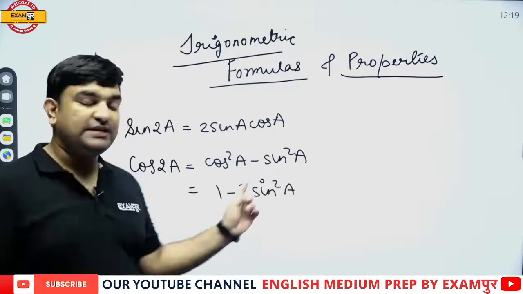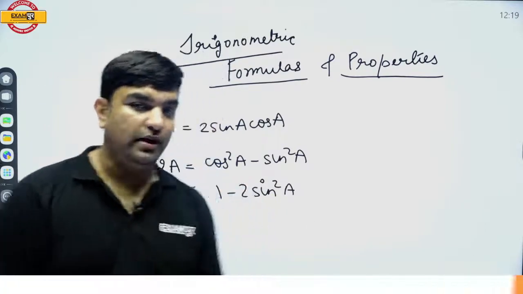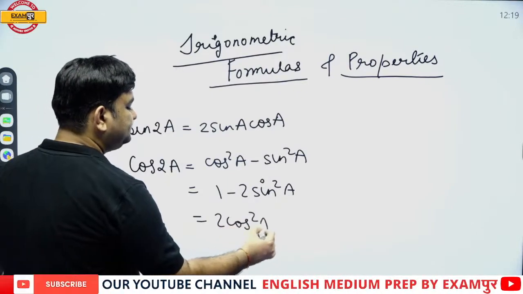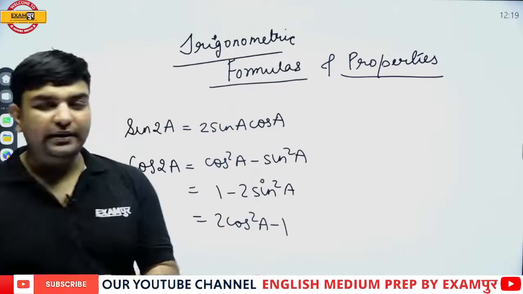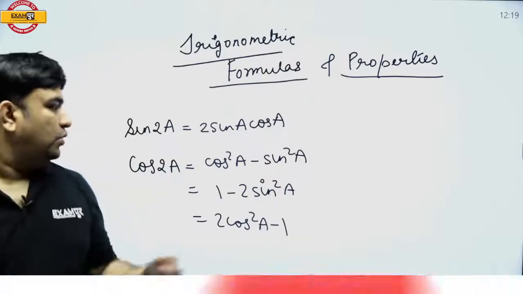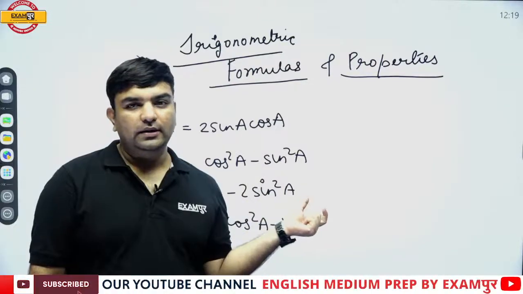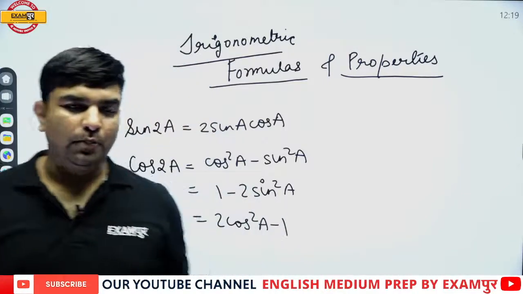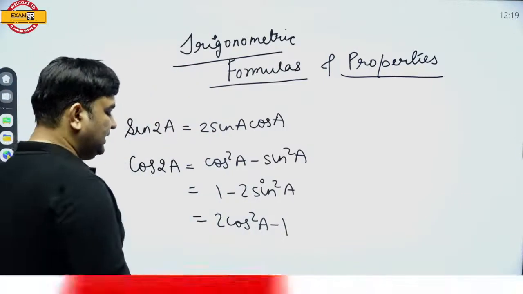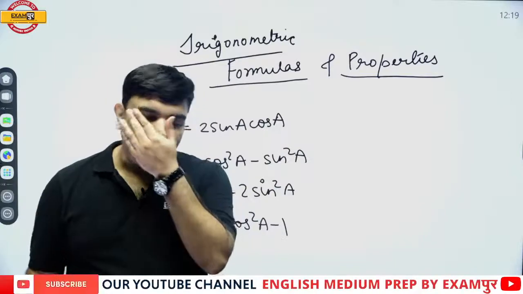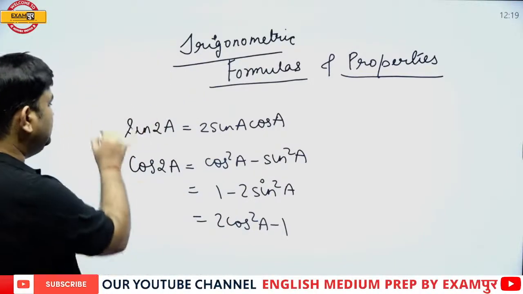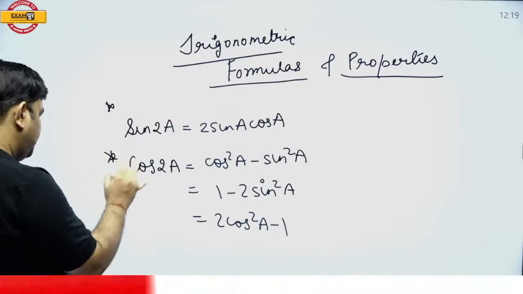And if you write sine square as 1 minus cos square a, then it can also be written as 2 cos square a minus 1. This is only by using the identity sine square a plus cos square a is equal to 1. So you can use it in any of the forms.